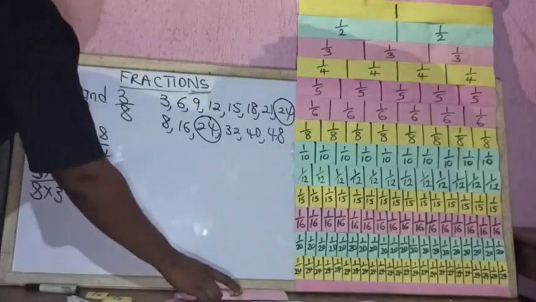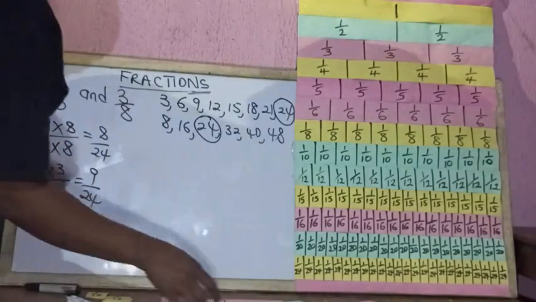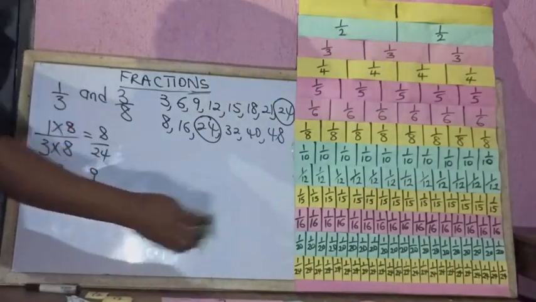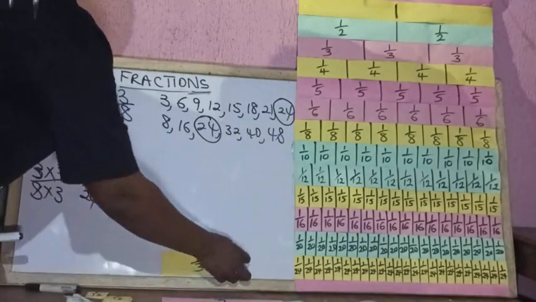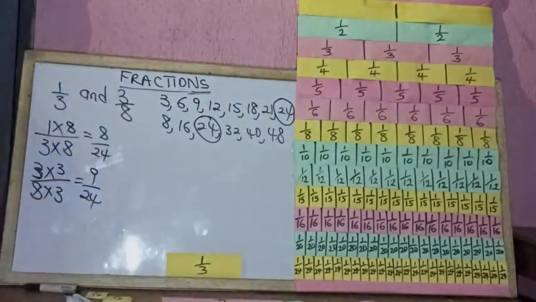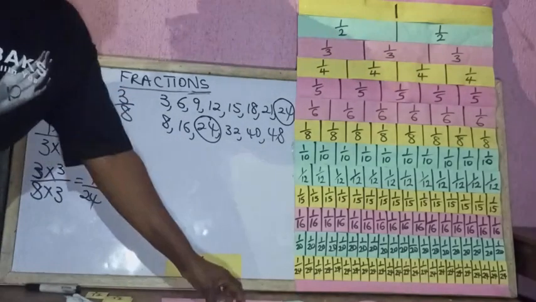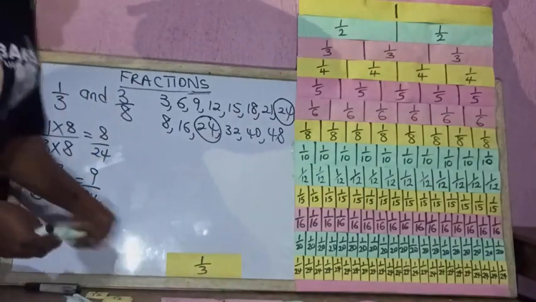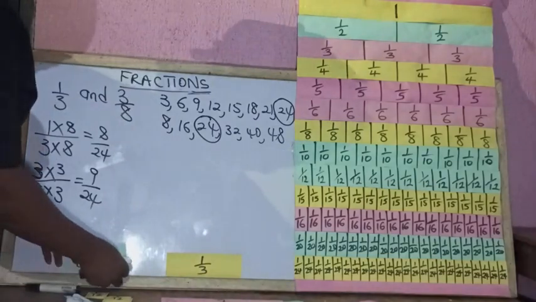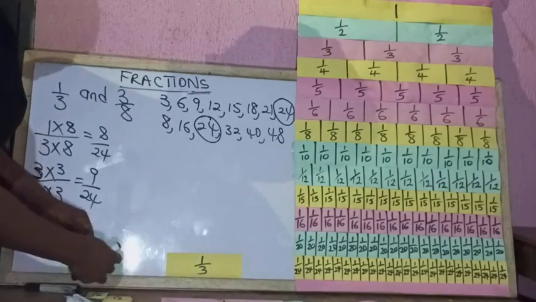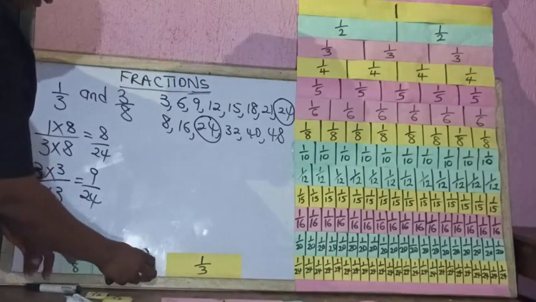But we can still demonstrate it with the strips we have. However, under exam condition, you won't have access to these. But let's see what we can have here. We have 1 over 3, and the next thing we are looking at is 3 over 8. Then the ones we cut in 8, that's the 1/8 of each. So we are going to bring 3 of it, so that 3 of it will give us 3 over 8. Now this is our 3 over 8.